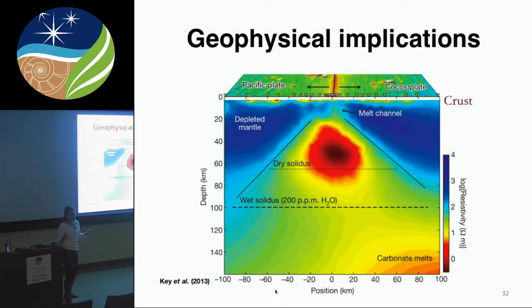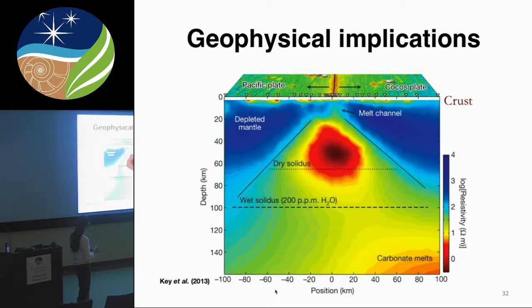So why does it matter, right? Why do we care? How does this actually work, especially compared to geophysical observations? So this is the magnetotelluric survey that's done at the East Pacific Rise.